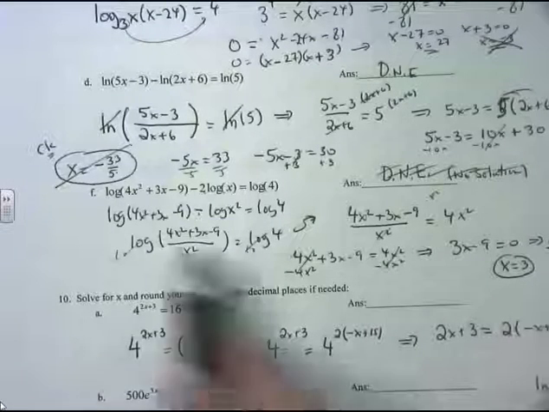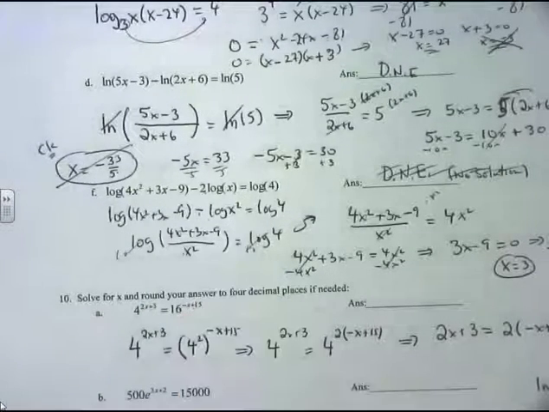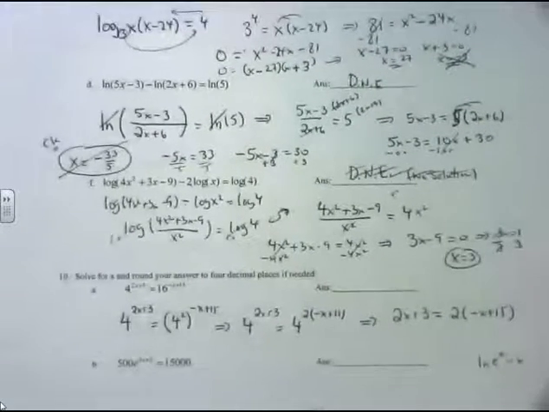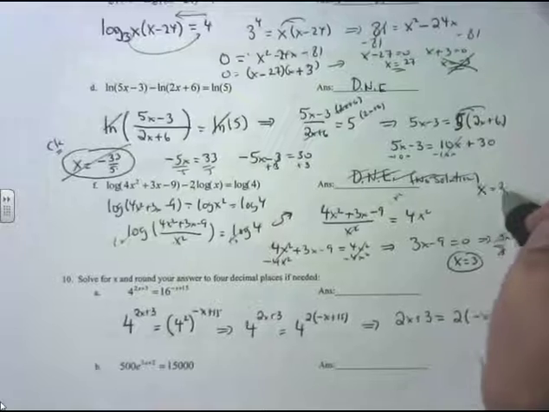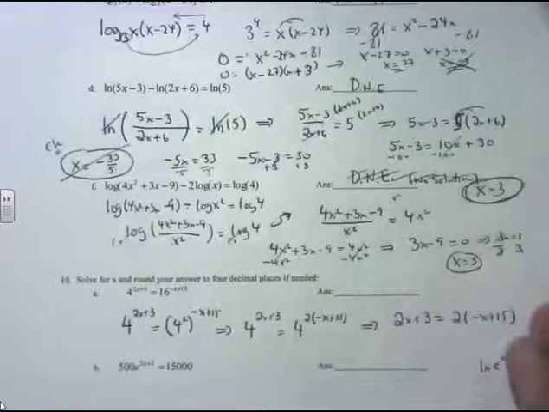And then I go back and double check it, and when I plug it in, you're taking a log of nice positive numbers. So the answer to this problem is x equals 3. That was my solution there.